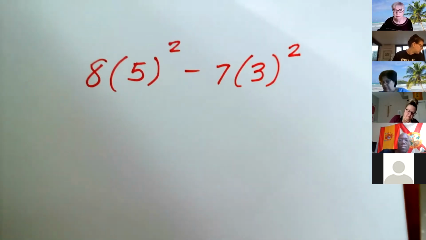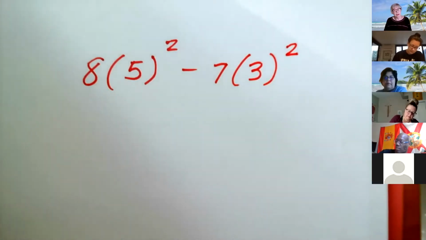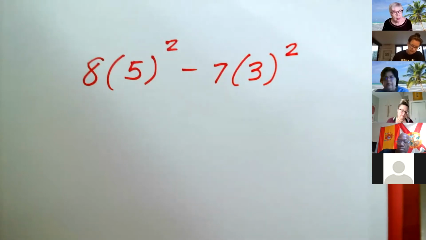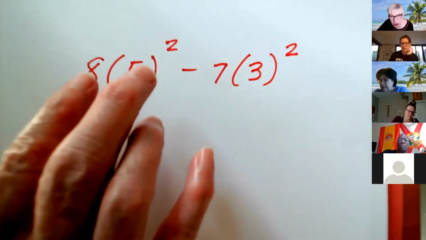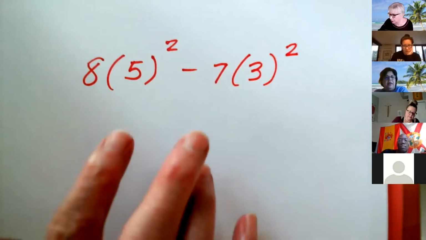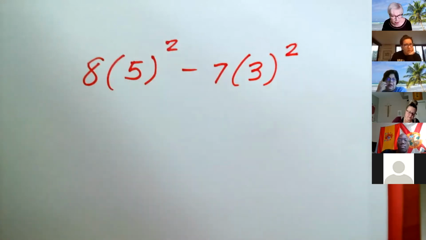If you had a page of notes and you didn't know the order of operations by heart, that would be a good thing to write down on the same page. The first one is parentheses. Although there's parentheses here, there's nothing to do inside them but to say, isn't that a beautiful 5? So really you go to the next step, which is exponents.